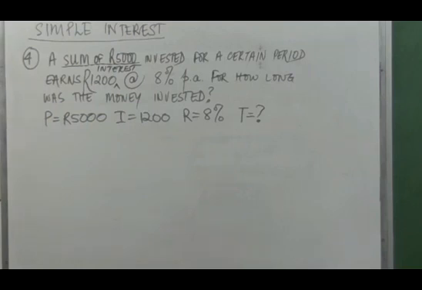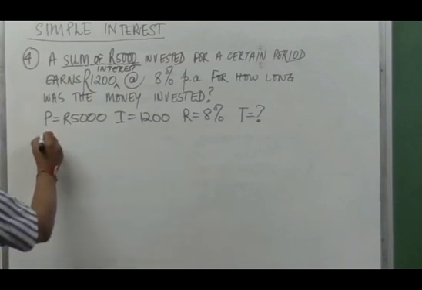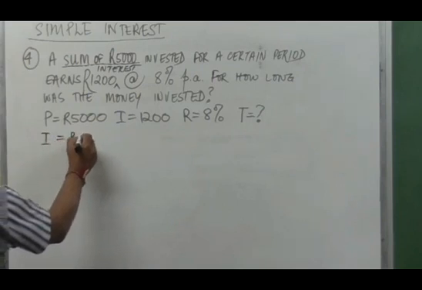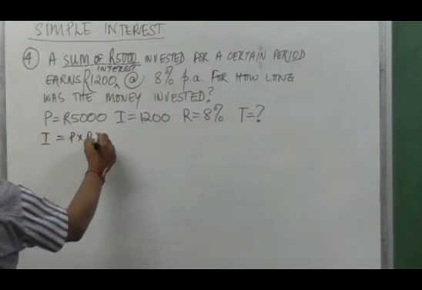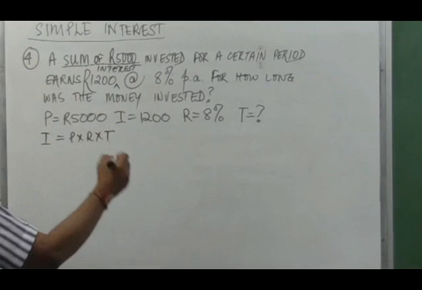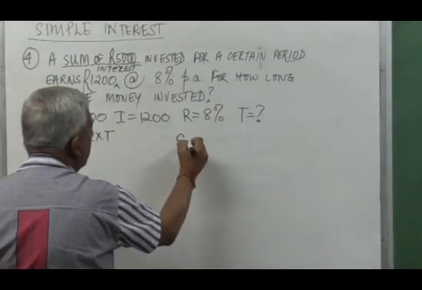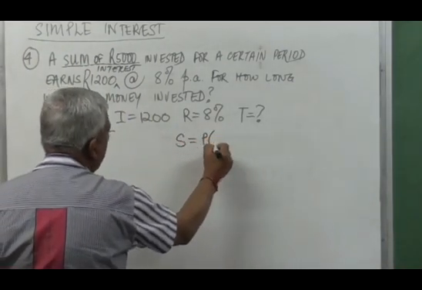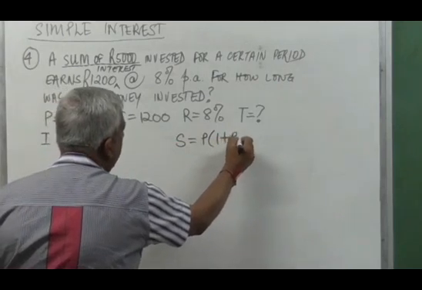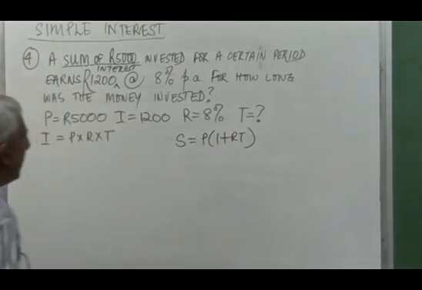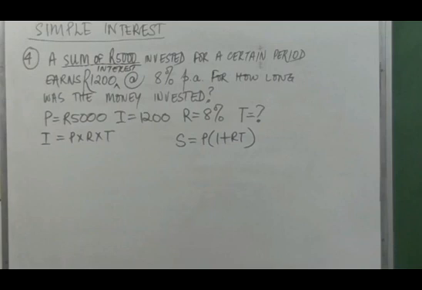So once again, we've got two formulas. One formula says interest is equal to P times R times T. And the other formula says sum is equal to P into 1 plus RT.